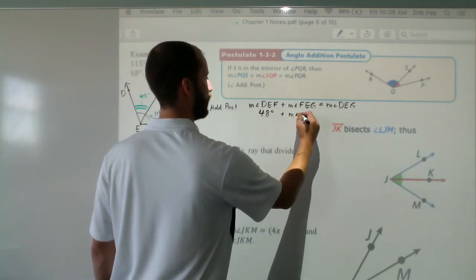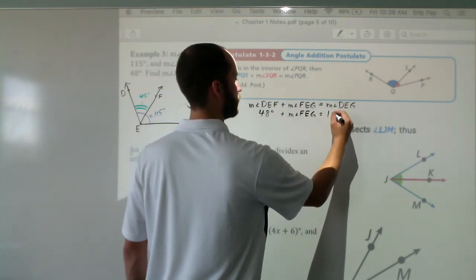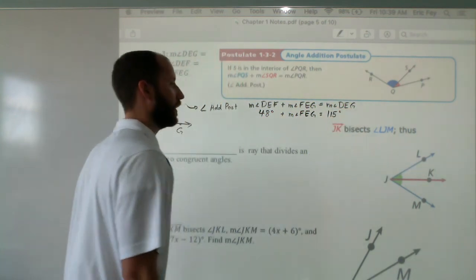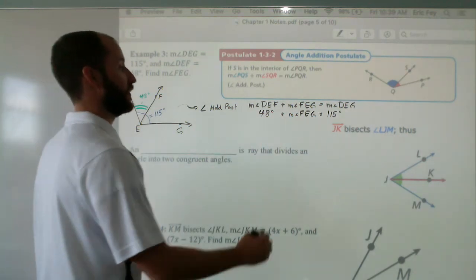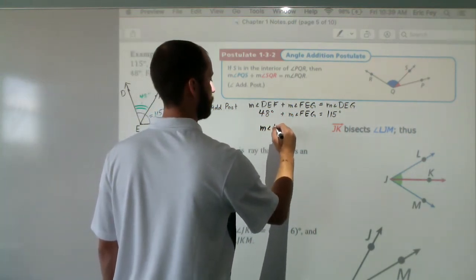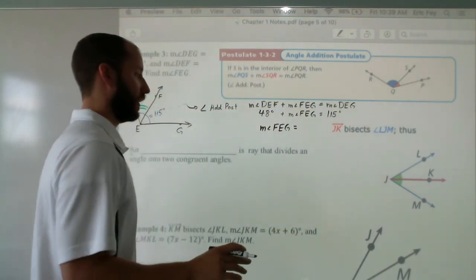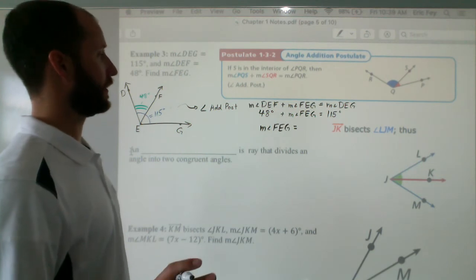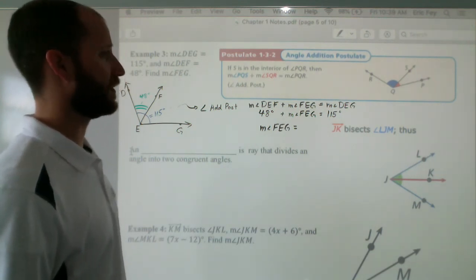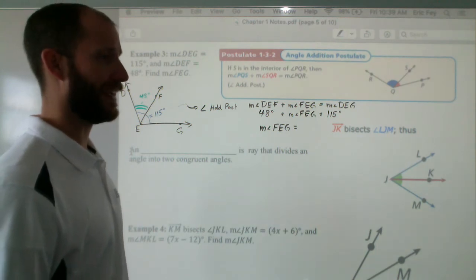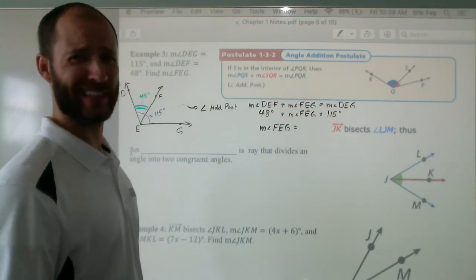We are trying to find the measure of angle FEG. And we know that angle DEG is 115. So when we subtract from both sides, I want to make sure I get this right. Take away 40, you get 75, another 8, and 15 minus 8 always gets the better of me. I'm going to go with 67.